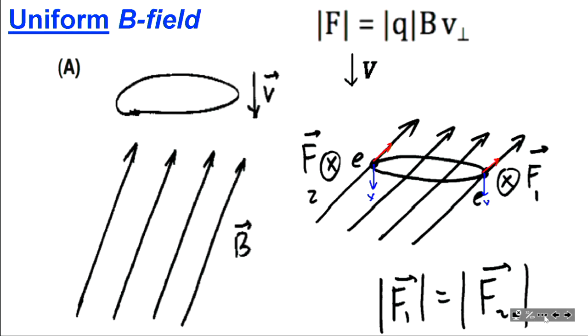They will experience exactly the same force. Exactly the same means same magnitude and same direction. So one force will push this way, but another force will push the opposite way, and they will cancel each other out for each pair of electrons. In this situation, nothing will happen. Like magnetic field just doesn't exist.